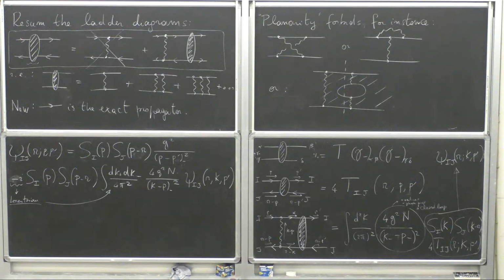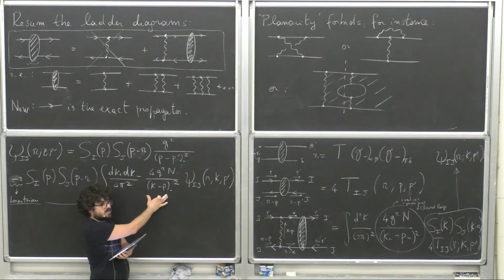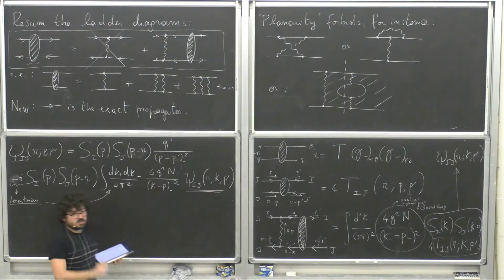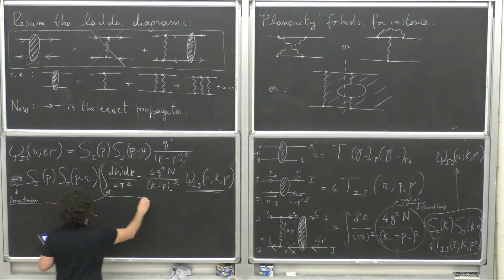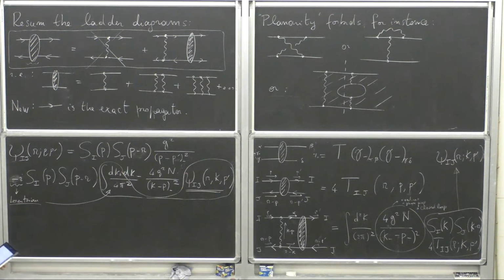What do I want to do now? The other thing that I want to do, you see, I want to use the fact that here I have this guy which only depends on k minus, and the dependence on k plus is only here. So to simplify a bit our life, what we are going to do is to actually perform this integral over k plus. Just the one over k plus. We are going to perform it. And there is going to be another naming step. So we are going to give it a name.